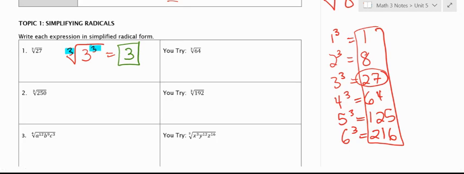The next one we have is the cube root of 250. That one is not a perfect cube already, but we can break it up into the product of two factors where one of them is a cube. If I go down my list, I can see 216 isn't going to work, but 125 does go into 250. It's 125 times 2.